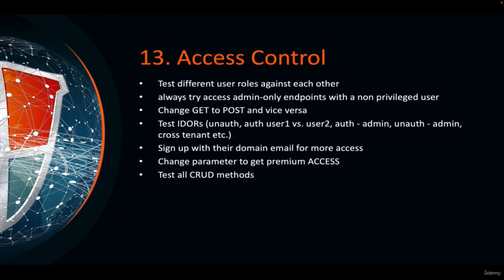Access control vulnerabilities, okay, they are common everywhere. So test the different roles against each other, right? Like unauthenticated user, auth 1 versus auth 2, auth admin, unauth admin, cross-tenant, if there's multi-tenancy and things like that. So this is the whole access control section.